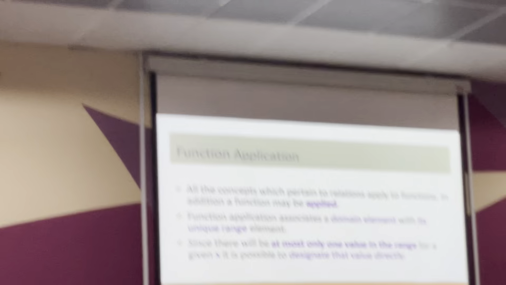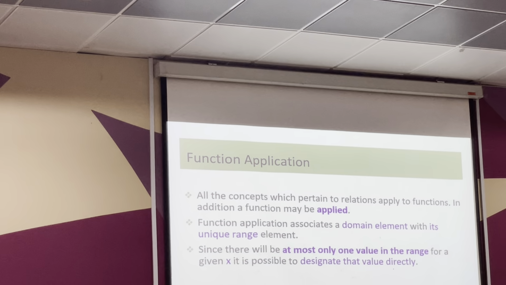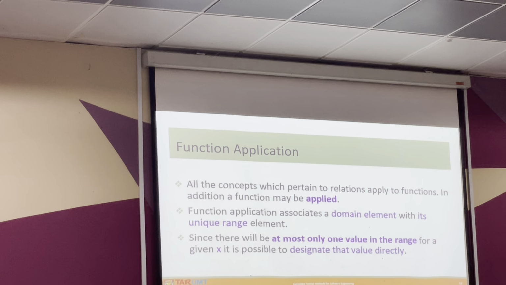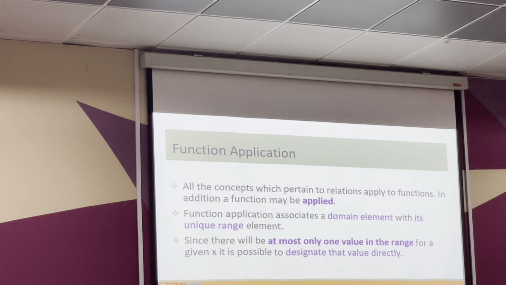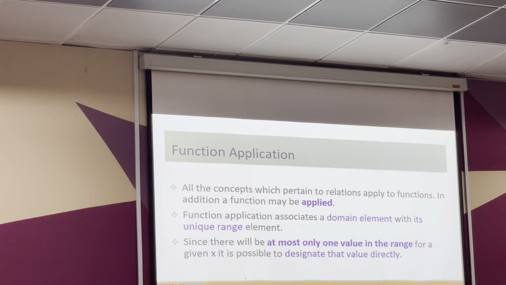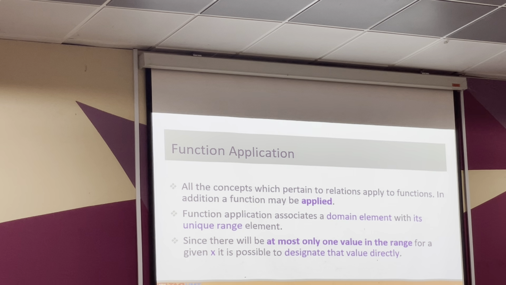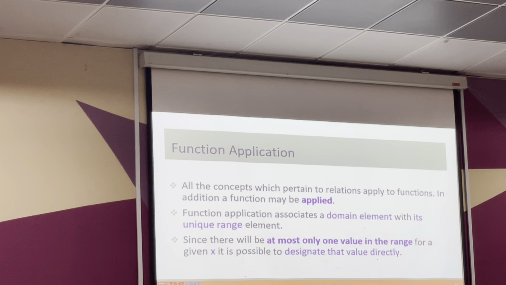So you get the concept is similar to relational image. You provide the domain, you can get the range data. But the range data that you get from a function will be one range data only. With relational image, you may get more than one.